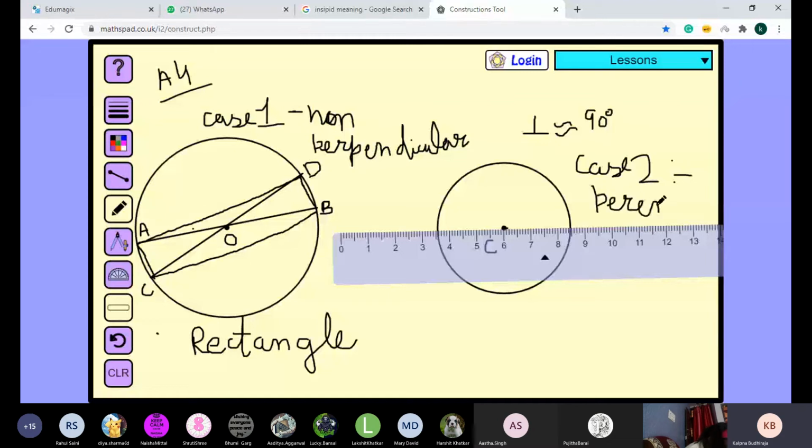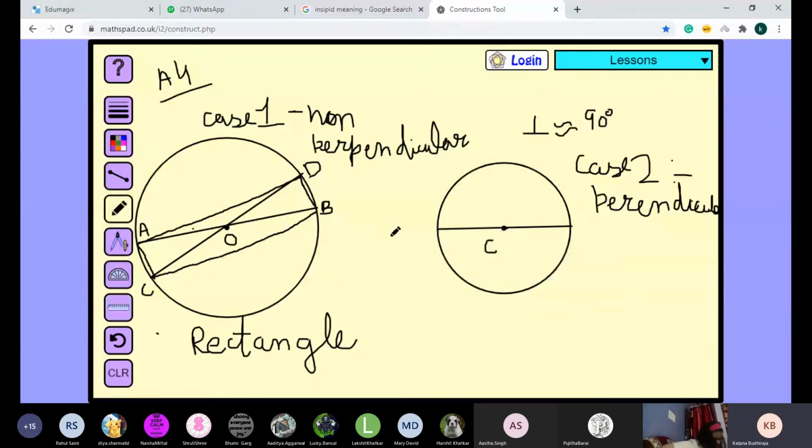Now in the perpendicular case, you will place your scale such that the two lines are at 90 degree to each other. Okay, so I am placing the scale here. So this is my one diameter. Let me call this diameter PM. Now for 90 degree, what you will do?